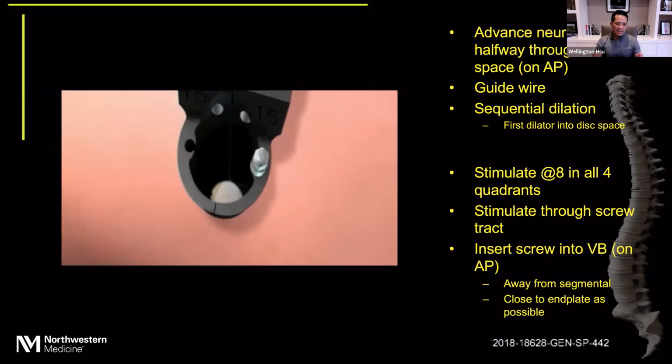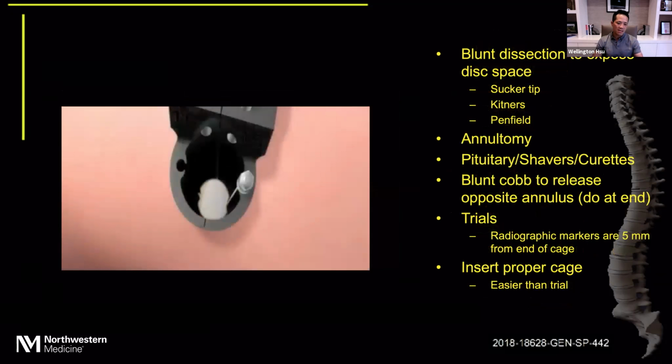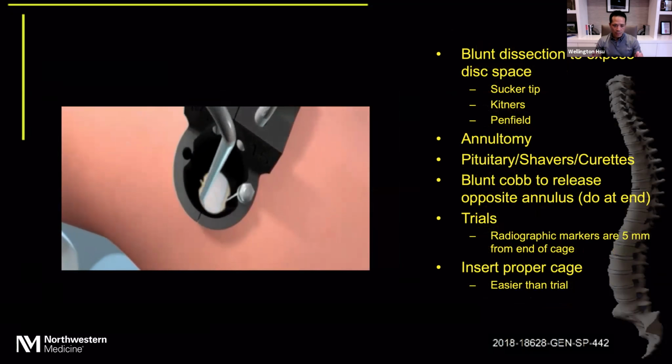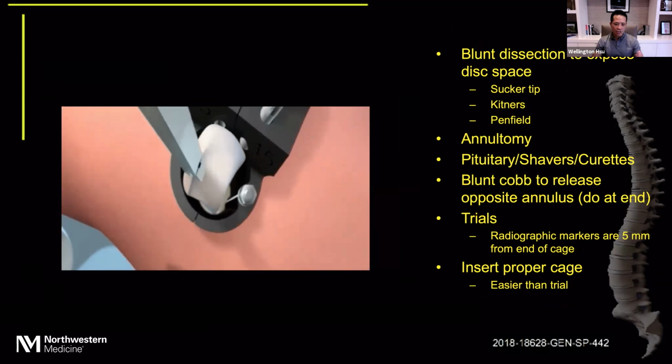Your retractor is in and over the disc space, and once your retractor is in line with the disc space, then this operation becomes very, very easy. Like the rest of the operation is a piece of cake if you're able to get everything else right and orthogonal. Because once you see this, then it becomes just like any discectomy and fusion. En bloc removal, you take your disc plate, disc prep tools, and then you insert your cage.